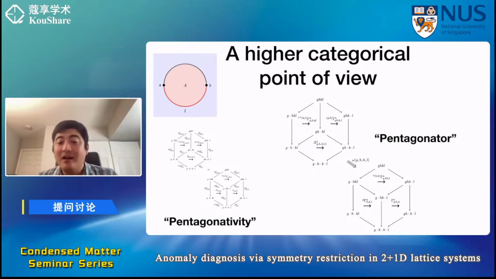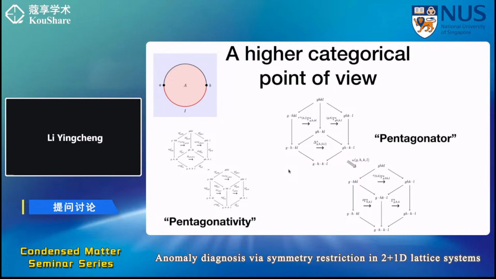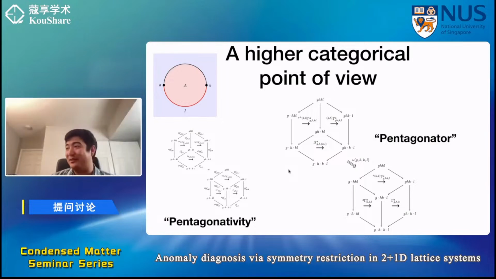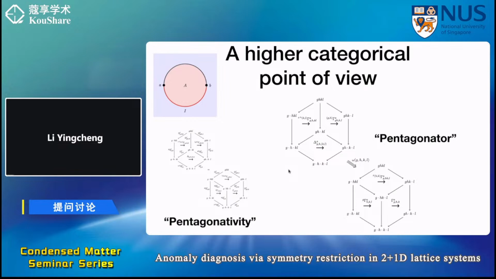Is that the reason? Yeah, that's right. The secret is that in the pentagon equation, the delta looks like the identity, so it's like a cube with one side contracted. Ah, I see. The interchanger is a very subtle piece of information that you always want to treat as trivial. I see. Thank you very much.